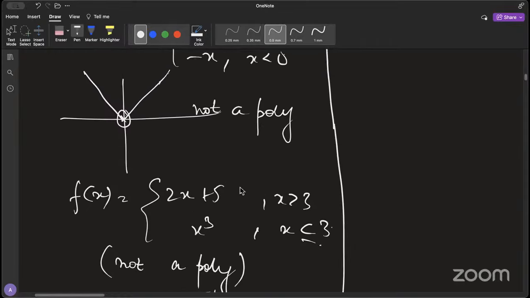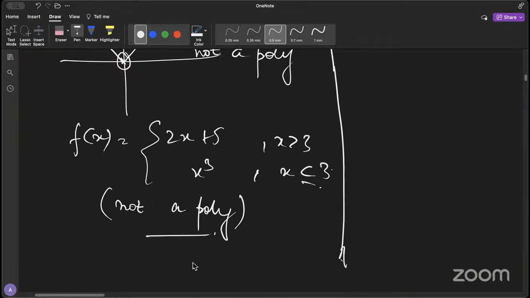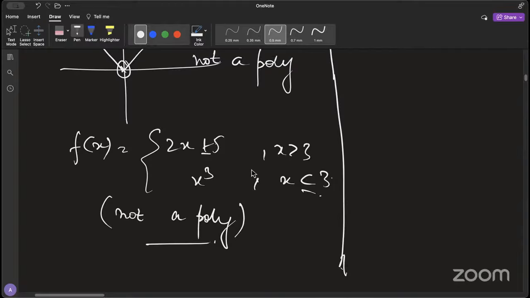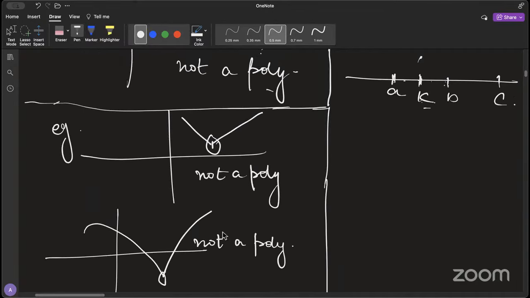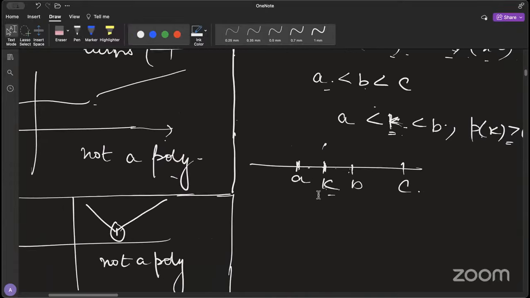The easiest way to check it is again to compare it with the general form that you have for polynomials, and you can't do that for this one. Though this part separately and this part separately is a polynomial, when clubbed together they don't form a polynomial, right? This isn't a polynomial. Neither is this. This isn't a polynomial either, and this is not a polynomial either. Is this clear to everyone?